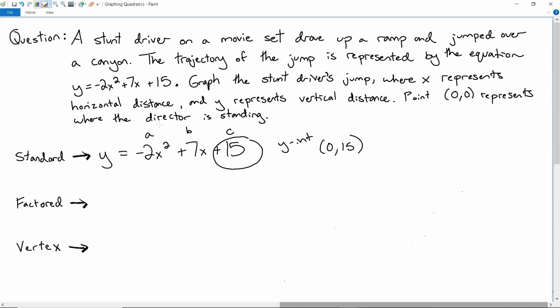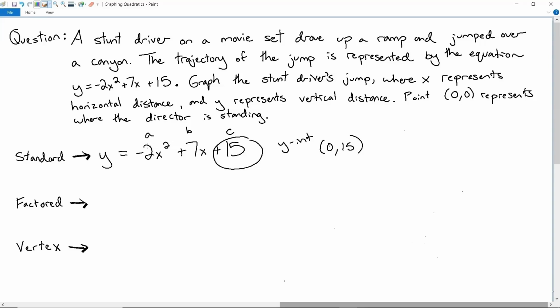What this negative tells us is that the quadratic has been flipped vertically, or reflected vertically. So instead of the vertex being at the bottom and then the quadratic shooting upwards, we have our vertex as a maximum value, and then the quadratic shoots downwards.